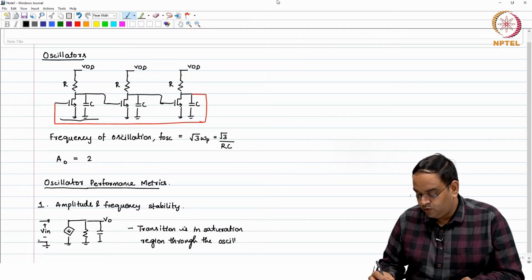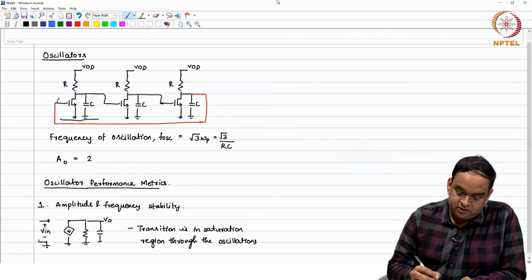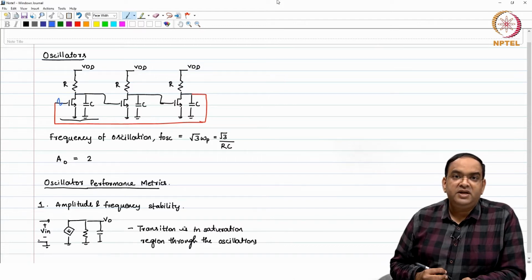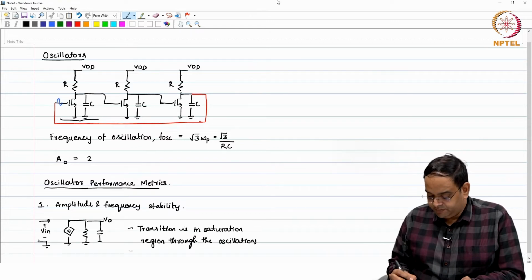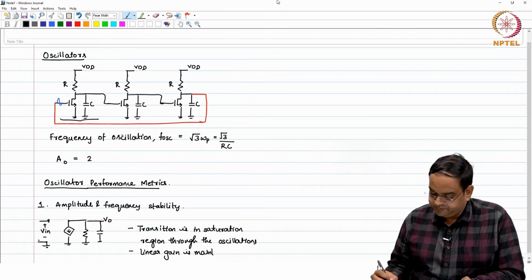So, even when you have some swing at the input and output nodes, the transistor remains in saturation region, and the linear gain is maintained throughout oscillations. Okay.